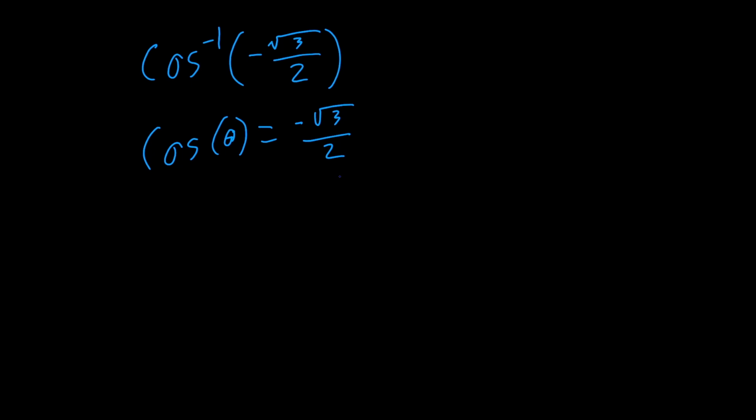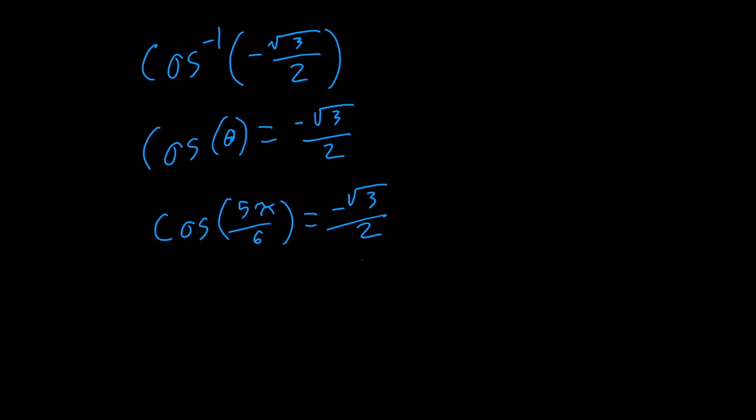So, referencing our unit circle, what angle would give us this value? Well, we know that the cosine of 5 pi over 6 would give us negative root 3 over 2.